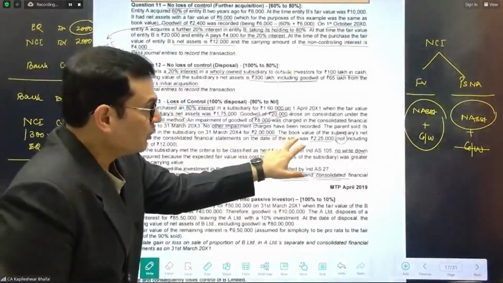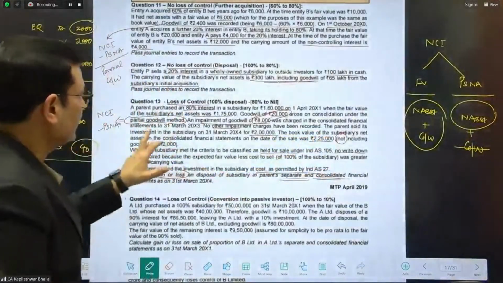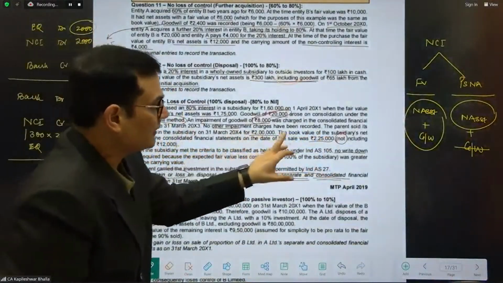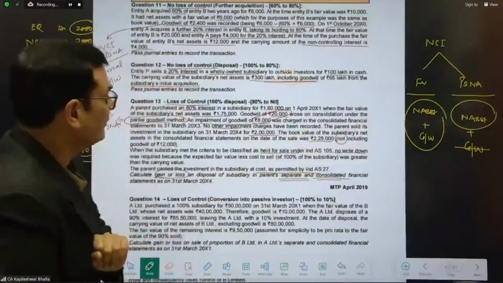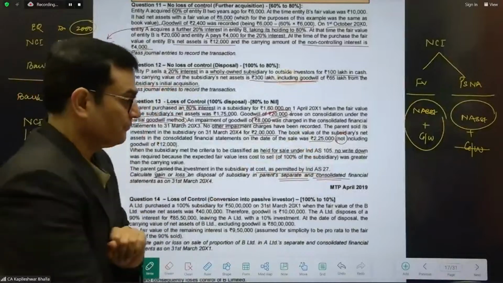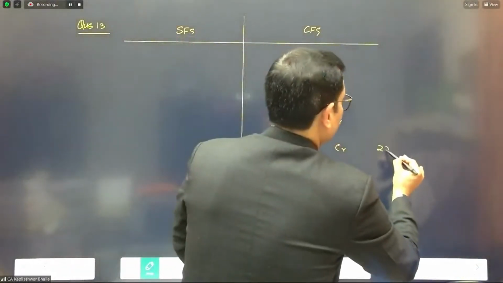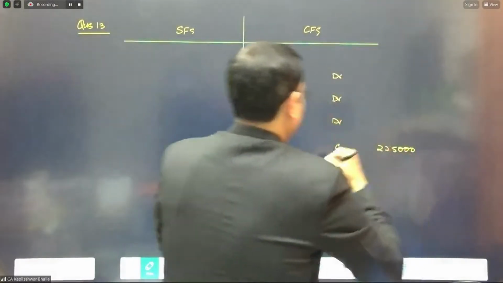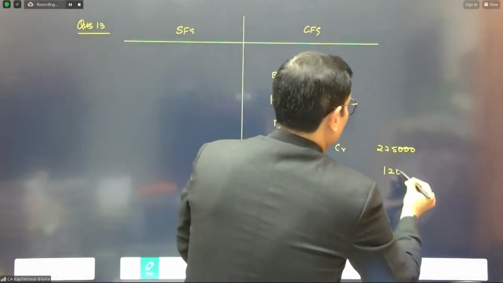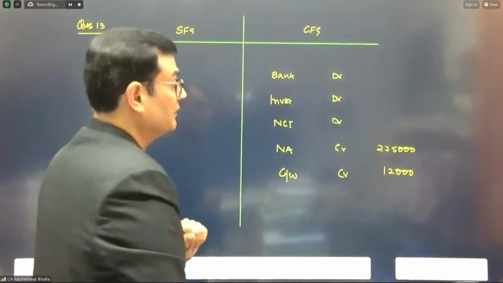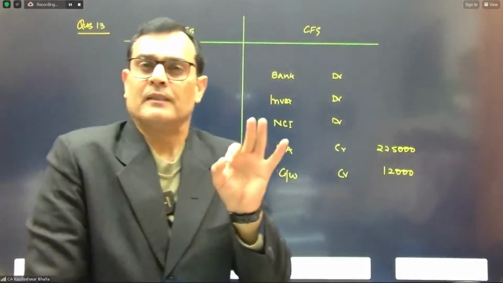It says the book value of the subsidiary's net assets on the consolidated balance sheet is 225, not including the goodwill. So the net assets is 2,25,000. And the goodwill is to the extent of 12. Now watch me carefully because this is a crucial point.